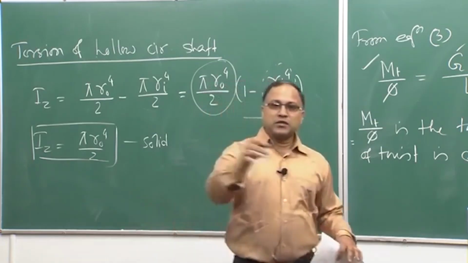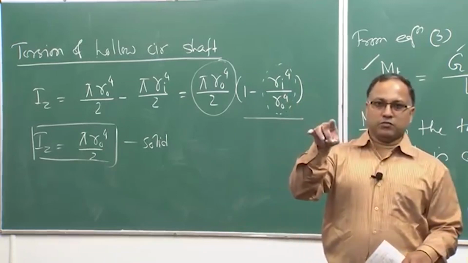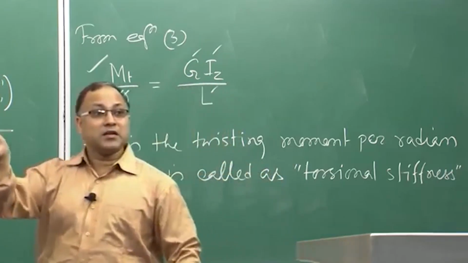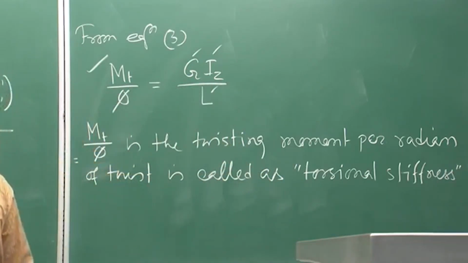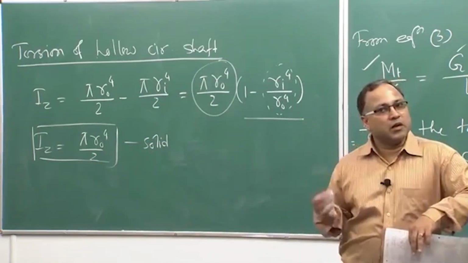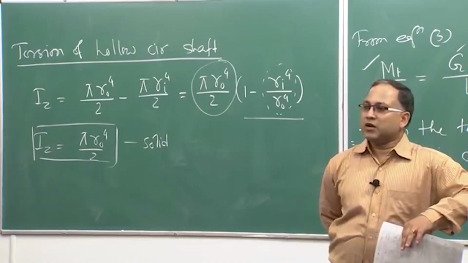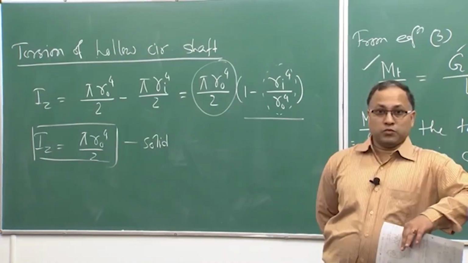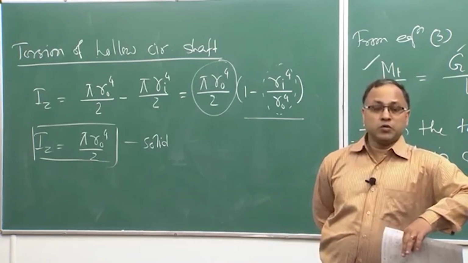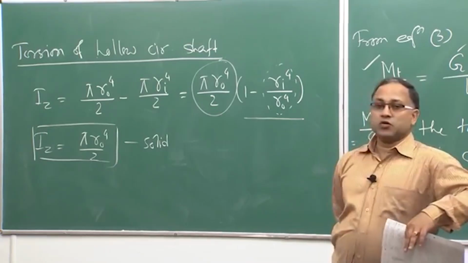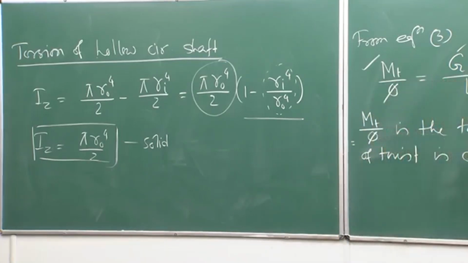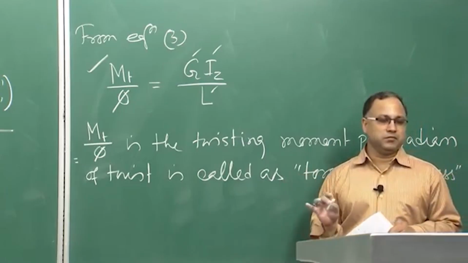So the hollow circular shaft gives you almost the same torsional stiffness at a lower weight. Therefore, in mechanical systems or machines where weight is an issue, because the shaft will be carried by the bearings and so on, you will use the hollow circular shaft, because your torsional stiffness will remain almost comparable.